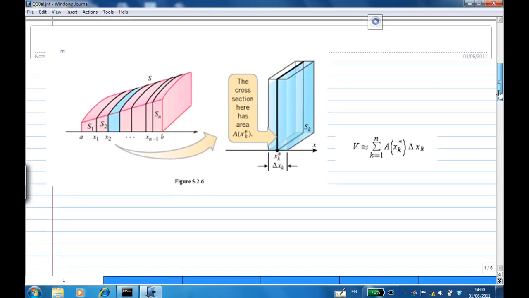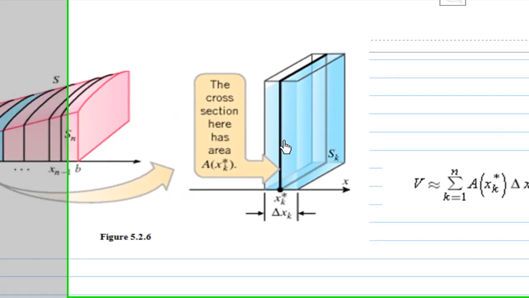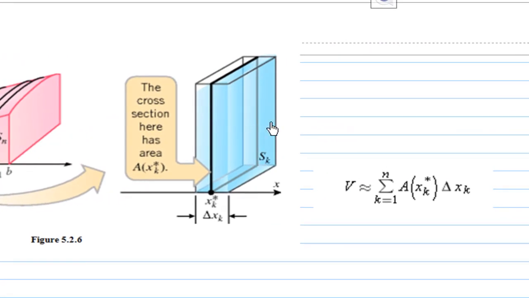Based on Howard Anton's text, you have a solid. If you slice it up into many slices, and then you pick up one slice, let's see, this is the blue slice here, you'll find that the volume of this slice is the cross-section area times the thickness. Thickness is delta x. So this is the volume of one slice.